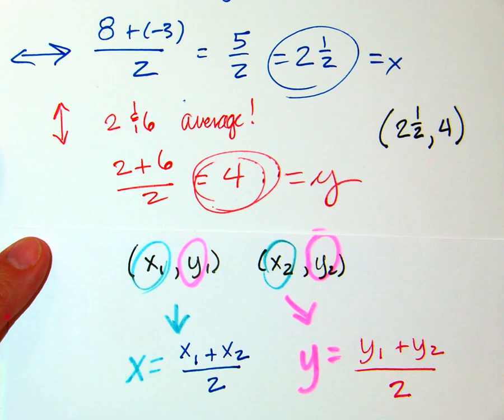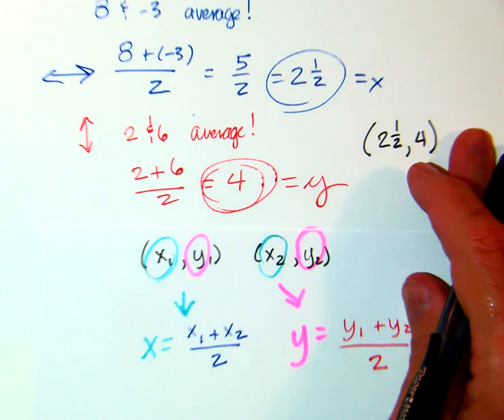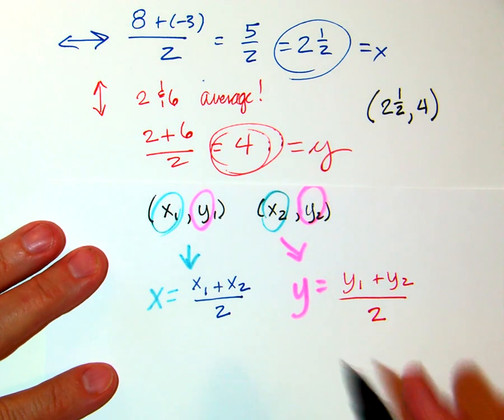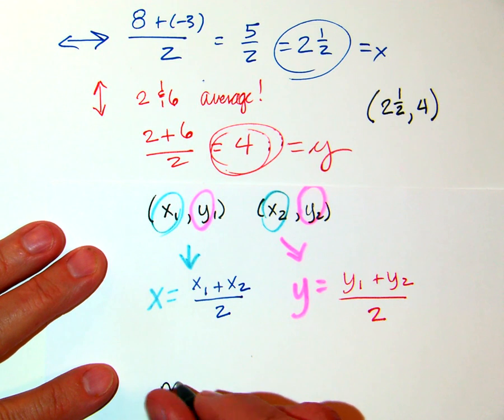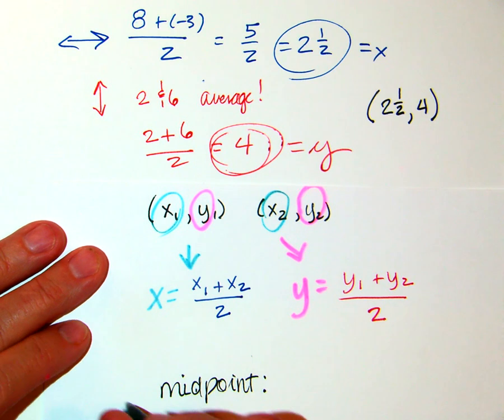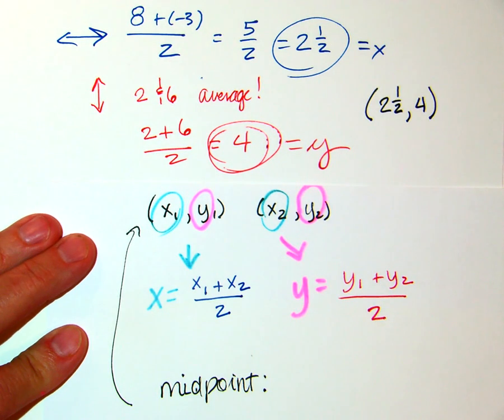Okay? So if I want to put it all together and just make it look, well, probably in my mind a little too complicated, but nevertheless we can put it all together and see it. What it would look like is that the midpoint between the 2 points, x sub 1, y sub 1, and x sub 2, y sub 2. Okay, now that's representing just any old points you pick.